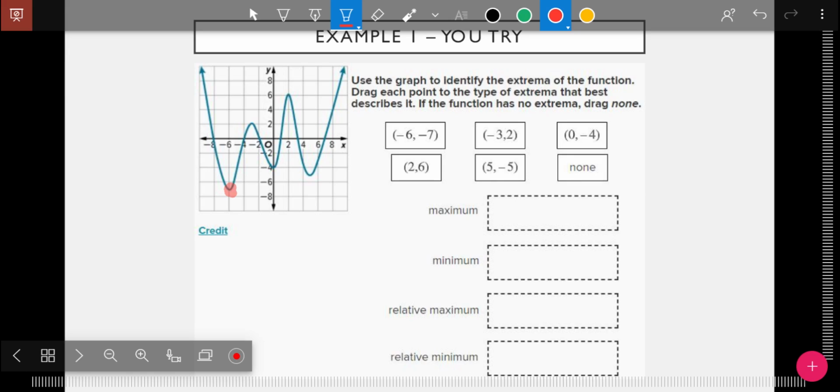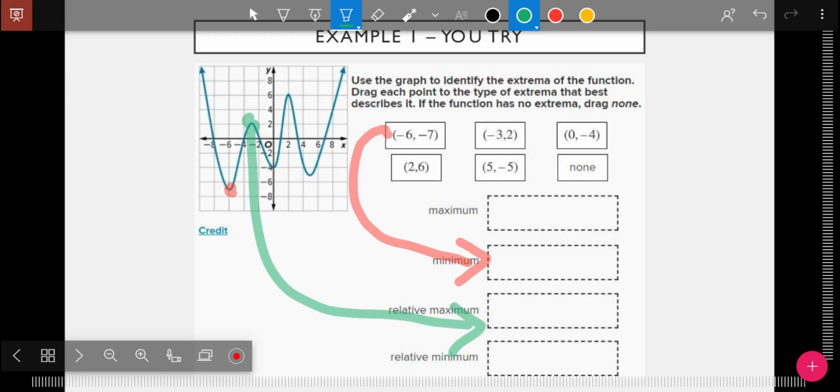It is the lowest point on the whole graph, so I would put it into that category. The next point I come to is this point right here. That's (-3, 2). That is a maximum-ish thing, but it's a relative maximum, and so it goes in this category.